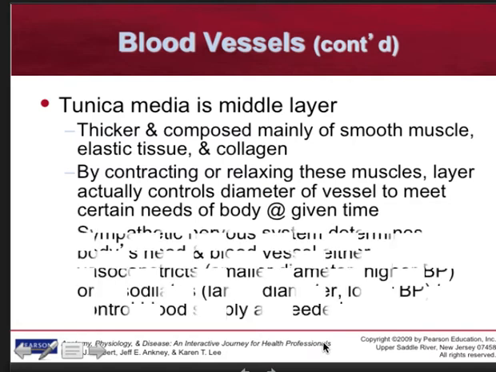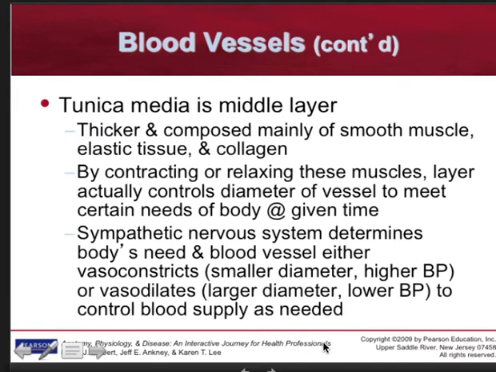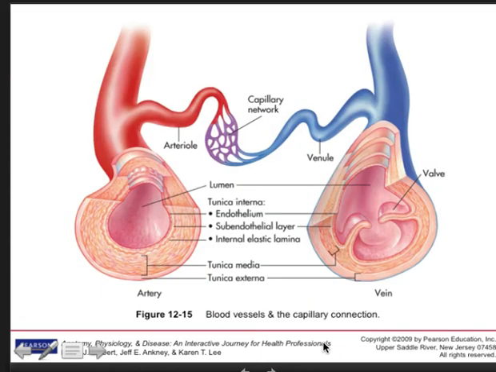And this is a very powerful way of controlling flow in the arterial circulation. The sympathetic nervous system determines the body's needs, and it controls the blood vessel diameter in order to control the blood supply as needed. And so here you can see some of these vessels and their capillary connections.